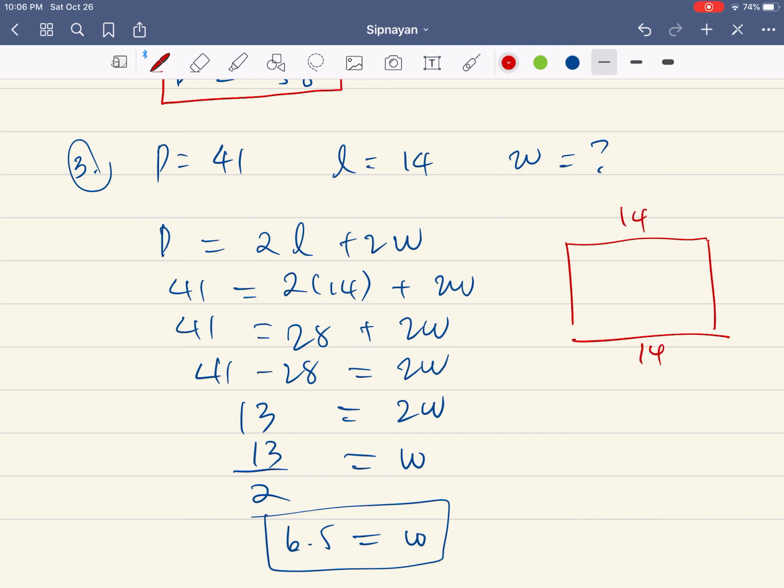So, ibig sabihin, babawasan na natin yung perimeter ng 28, di ba? So, ilan na siya? 13 na lang. So, yung 13, may dalawa ka pang magkaparehong sides, yung ating width, no? So, we have 13 divided by 2 is 6.5. Ibig sabihin, 6.5 silang dalawa.